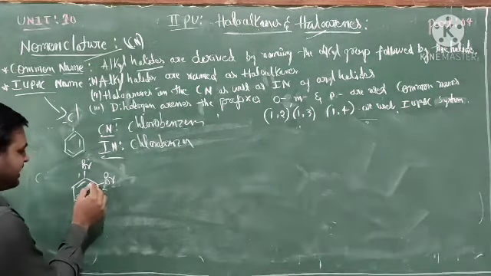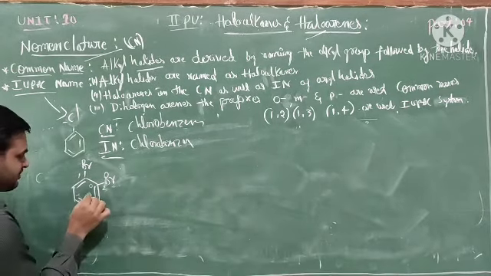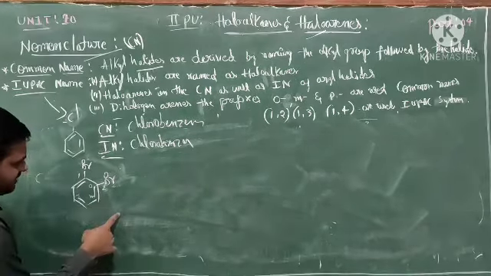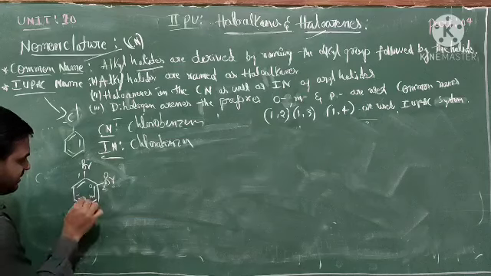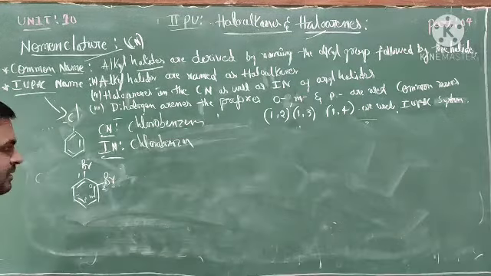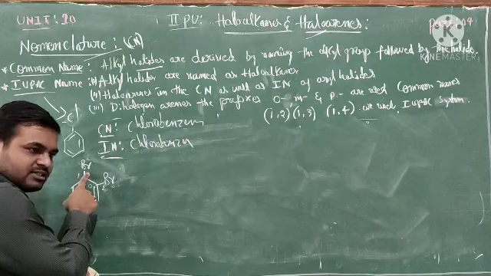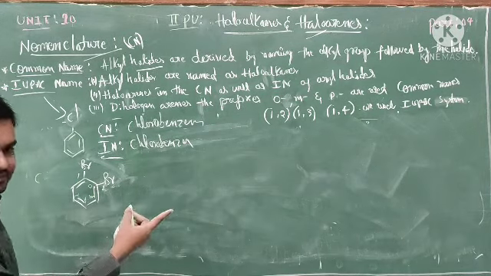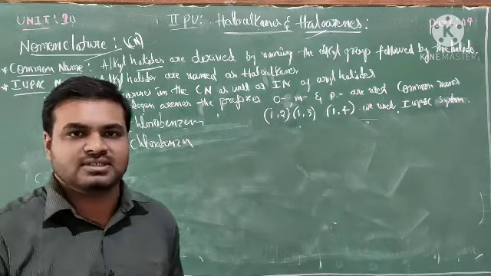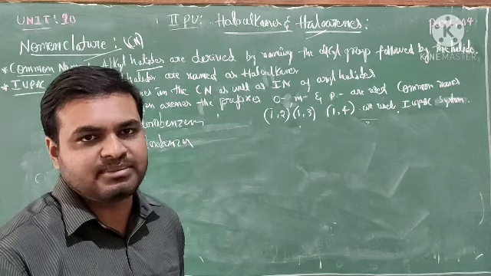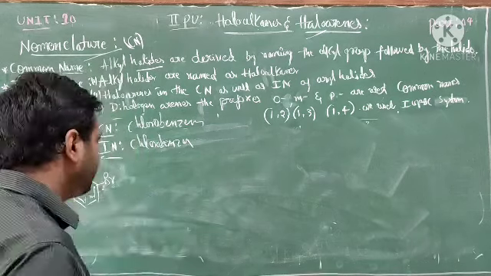This position is meta, and this is para. Whenever you consider one of the halogens, the next position is ortho, the carbon after that is meta, then para.